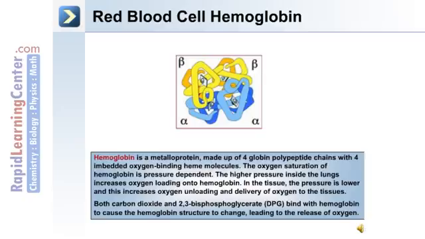The higher pressure, such as inside the lungs, increases oxygen loading onto hemoglobin, whereas in the tissue, the lower pressure increases oxygen unloading and the delivery of that oxygen to the tissues. Both carbon dioxide and 2,3-bisphosphoglycerate or DPG bind with hemoglobin to cause the hemoglobin structure to change, leading to the release of the oxygen.